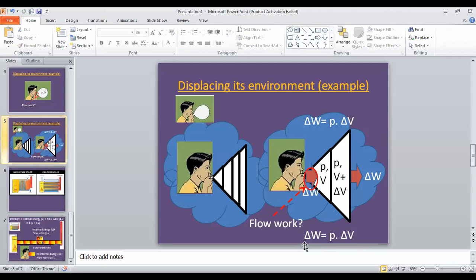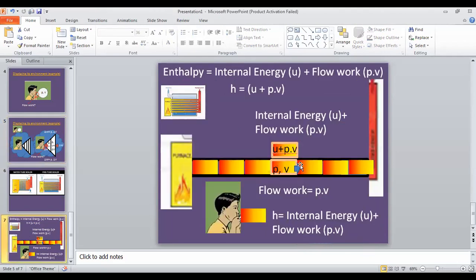So here flow work is pressure times this displacing of its environment. P times delta V. So always this relates to the displacing of the environment. So also here, when this moves, this equivalent volume V should be displaced. Okay, something like that.